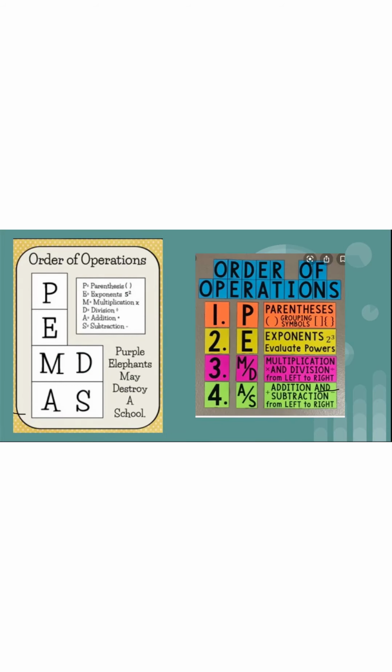And then I felt that these two charts were pretty good because they group together multiplication and division, and addition and subtraction, so that way students could see them as one step, looking to see which of the operations comes first, rather than just assuming that multiplication comes before division or addition comes before subtraction, which is not always the case.